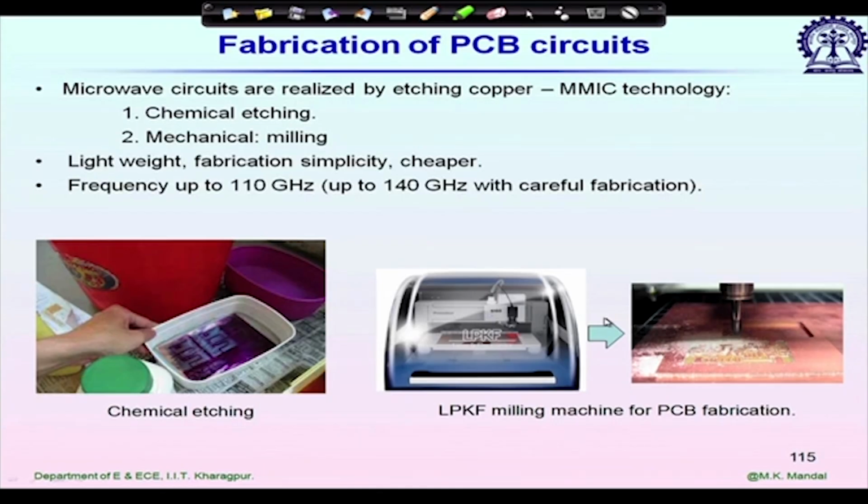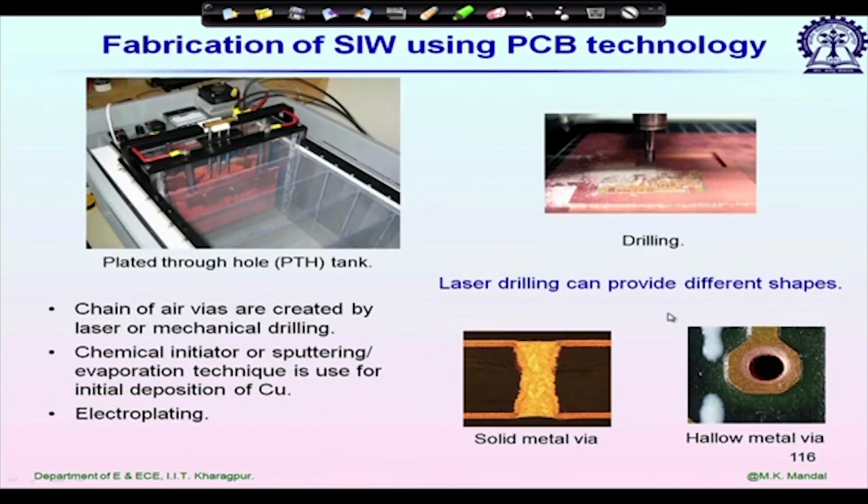Now how do we obtain the vias for SIW or for ground backed CPW lines? Again we will be using those drilling bits. So we will have some air vias by using this drilling bit. Once we fabricate air vias, we will have exposed dielectric.